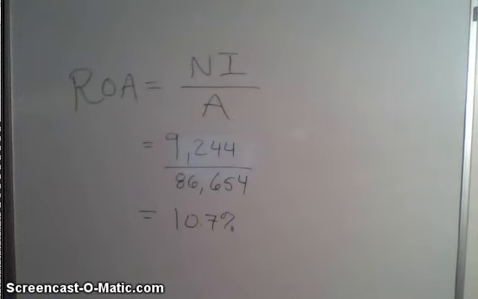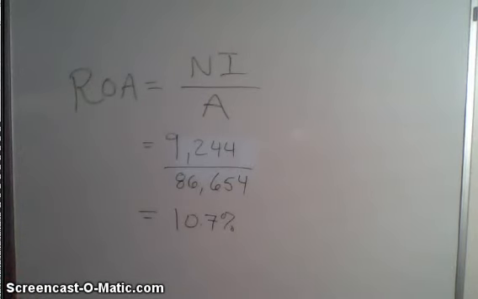You can take that and compare it to other possible returns. Could they have made more if they had just invested in corporate bonds or something? So you want to take that number as comparable to other types of investments. What kind of return are you getting?